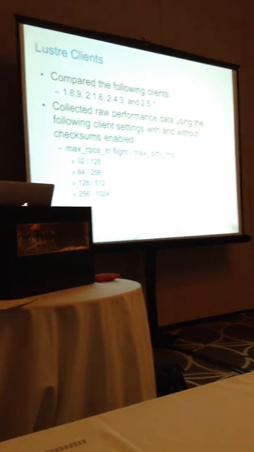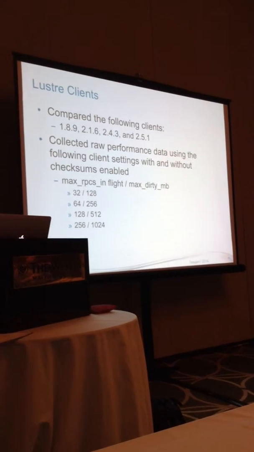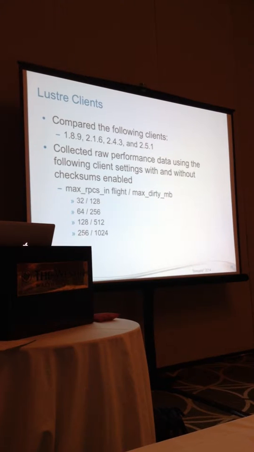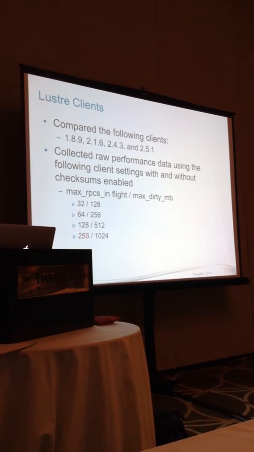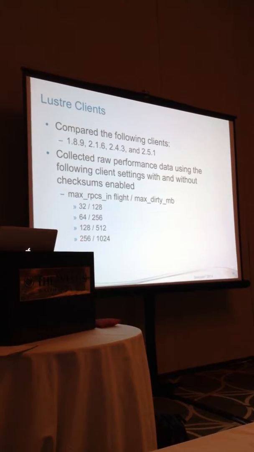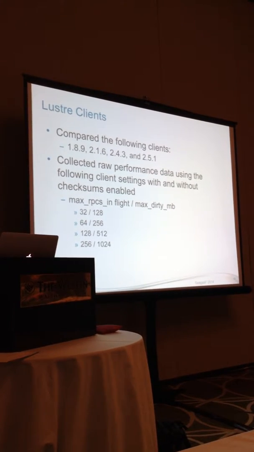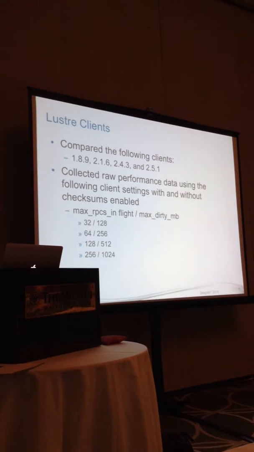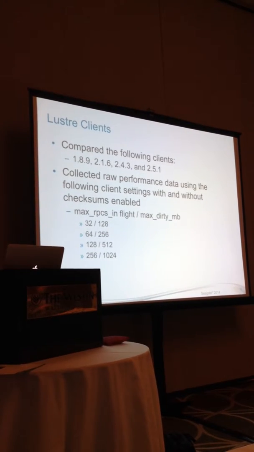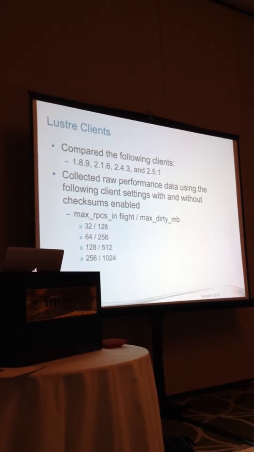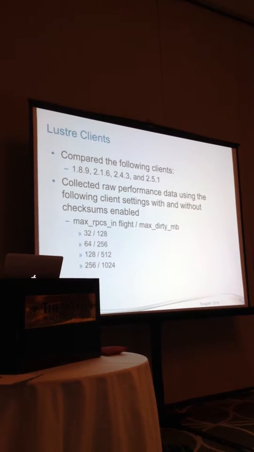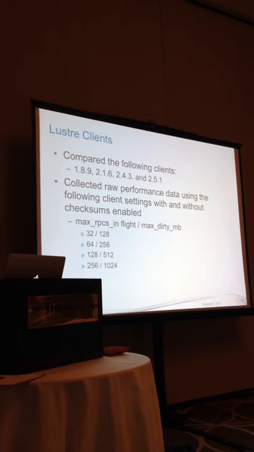We've been recommending 32 and 128 for quite some time, but we upped it to about 256 RPCs in flight, and that really saturates the number of credits you have on the InfiniBand. You normally need to make sure that the InfiniBand has more than the standard 64 credits available, otherwise you can get into credit locks. And 1024 megabytes, or a gigabyte, of cached data in both directions.